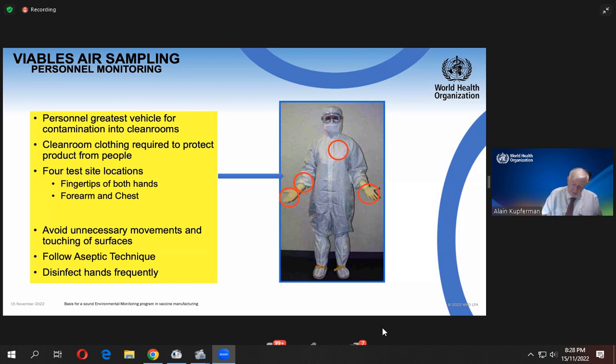Normally, the person should do nothing, should avoid unnecessary movement, should avoid touching surfaces. Let's say something falls on the floor, you leave it on the floor. That is aseptic technique. And of course, every time you enter the critical area, you have to disinfect your hands before and afterwards.